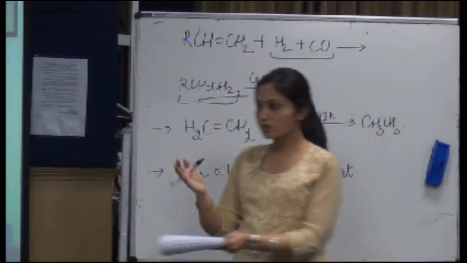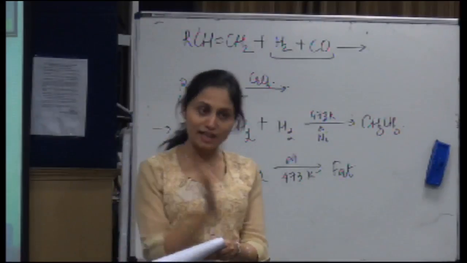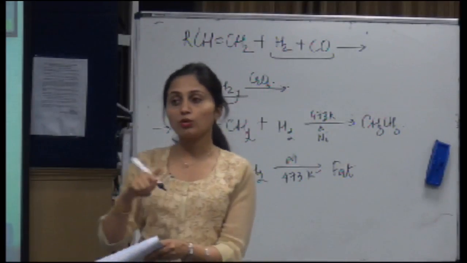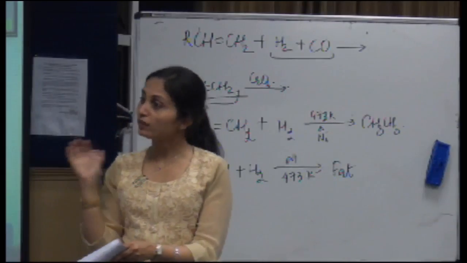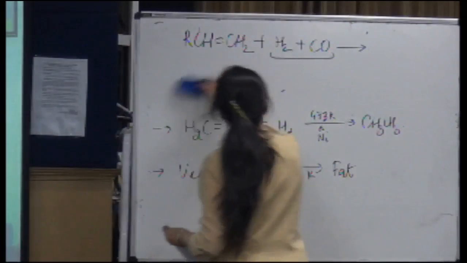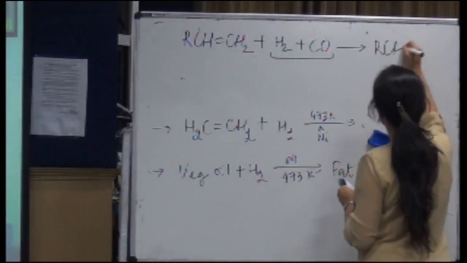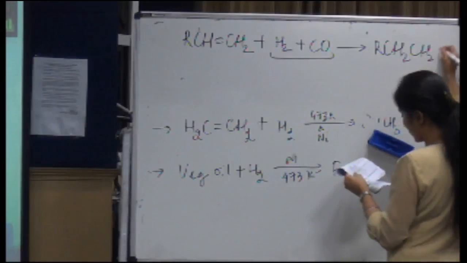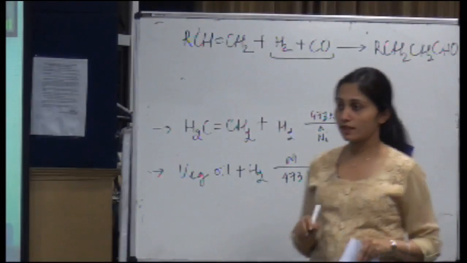When you do ozonolysis, you've recently done it, you get an aldehyde with lesser number of carbon atoms. When you do it with a mild oxidizing agent, you form an aldehyde with the same number of carbon atoms. And now when you want to increase it, you make use of this, and what it forms is, let me just finish it off by writing CH2CHO.